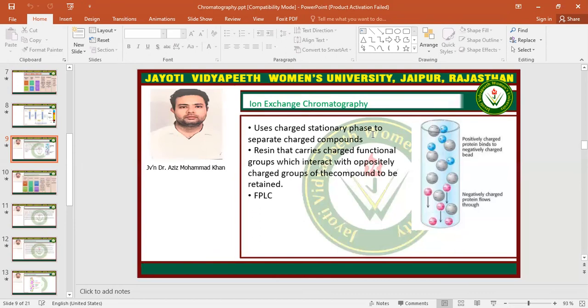By separating these two portions, we can easily separate our desired proteins which have a characteristic charge. By using this method, we can separate our desired product, whether it is a protein or enzyme.